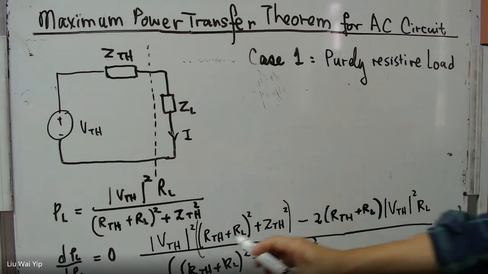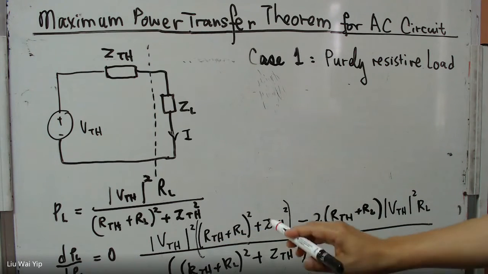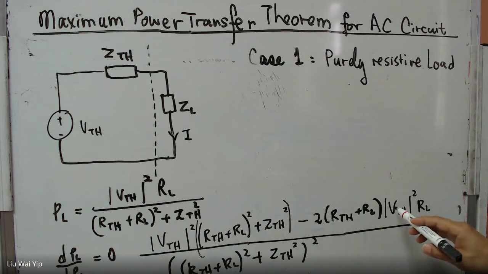So you have this expression in the numerator, and both terms contain the absolute value of VTH.